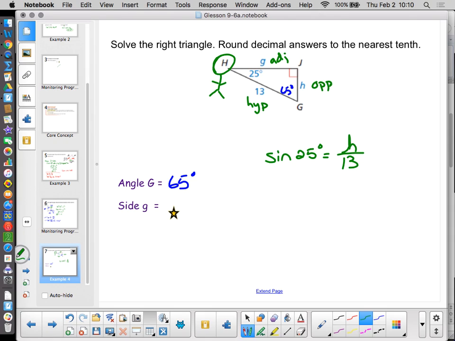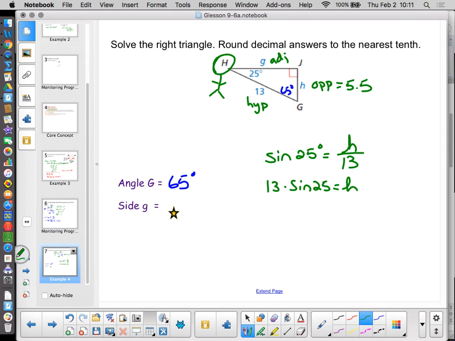A little unfortunate that they chose H for a variable there when it's the opposite side. That's kind of awkward, but we can make it work. And I solved this by multiplying both sides by 13. 13 times sine 25 equals H, and that's a calculator problem, 5.5 approximately.